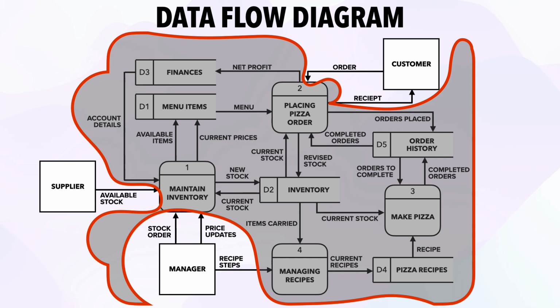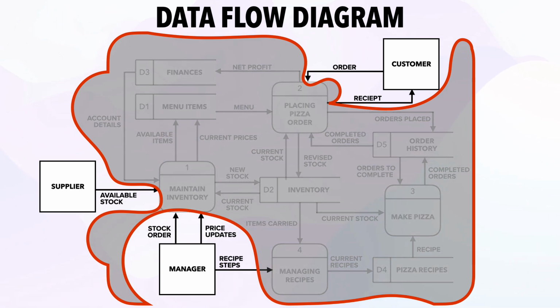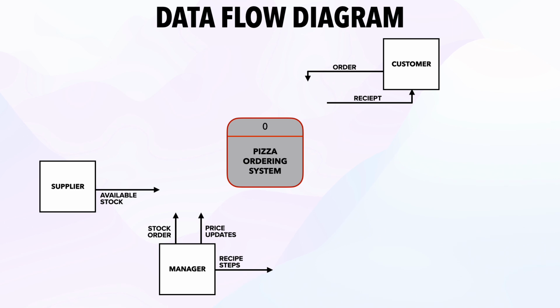The actors are not part of a system, they're the originators of data and the ultimate destination for the information. And so I can represent all of these processes and data stores and data flows that are going on here as simply a pizza ordering system.